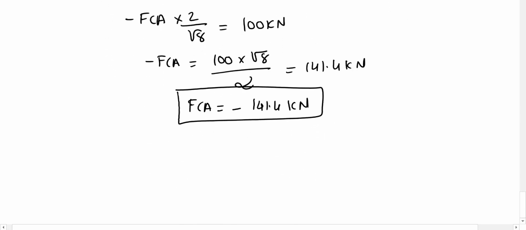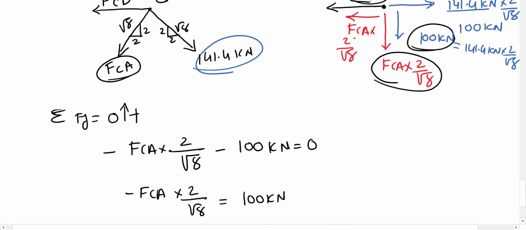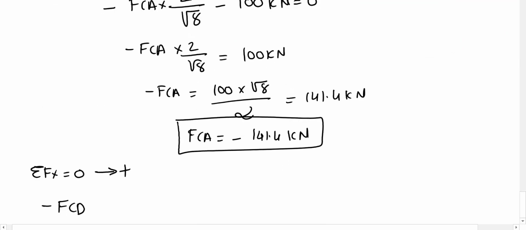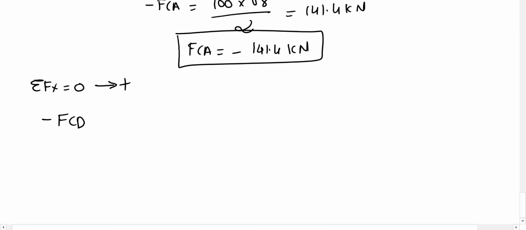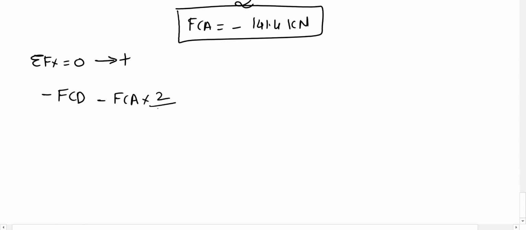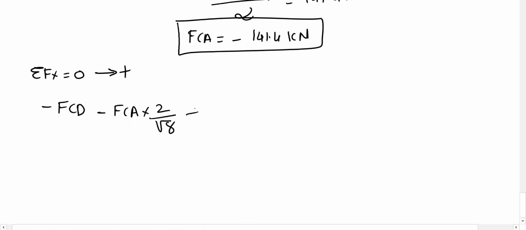And we can apply the sum of the forces in the x direction equal to 0, left to right is positive. So we have this FCD, and we have this FCA, and we have 100 kilonewton. So FCD is minus this force FCA component as well, minus FCA times 2 on square root 8, and the third one we have positive 100 kilonewton equal to 0.